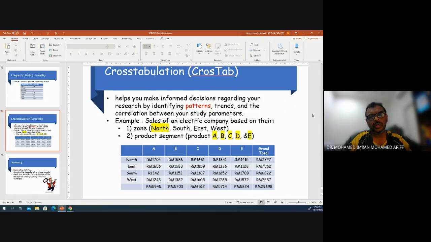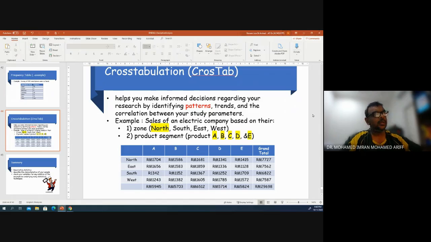And then you can find out the total number of kids. So this is what we call cross tabulation. Cross tabulation is usually only for reporting. Because all of this in cross tabulation is still under descriptive analysis.